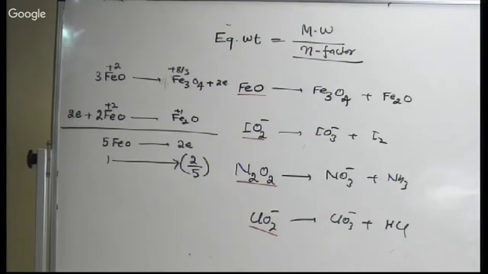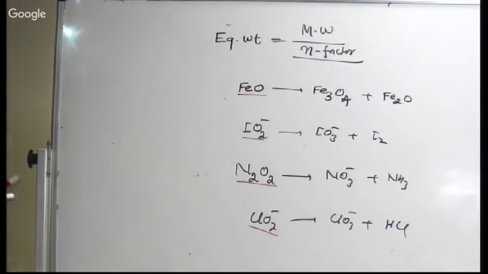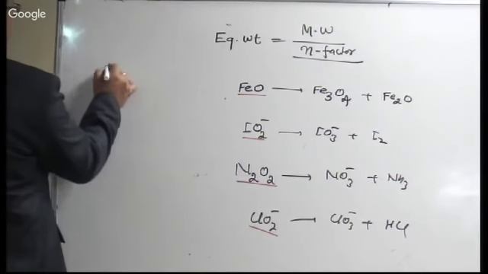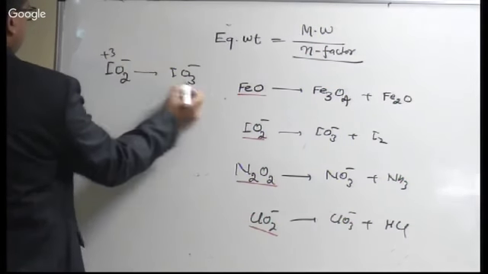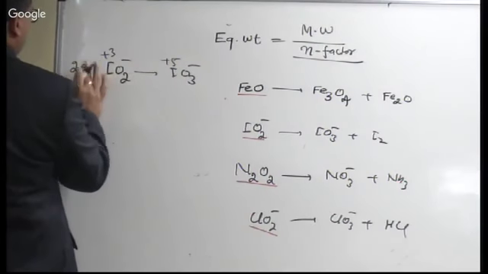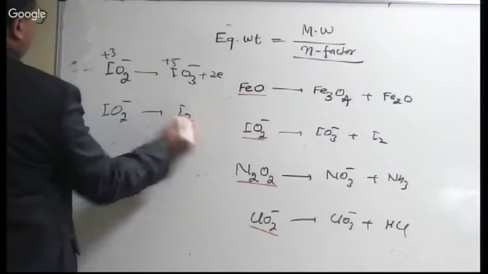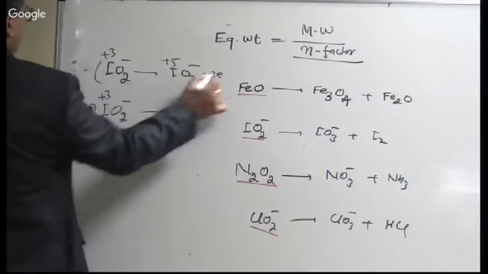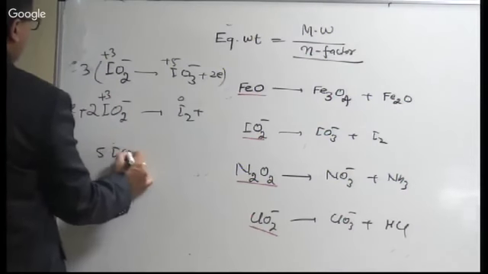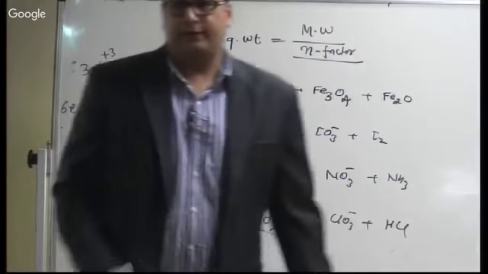Second, IO2 minus, what is the n factor of IO2 minus? 1. 6/5.